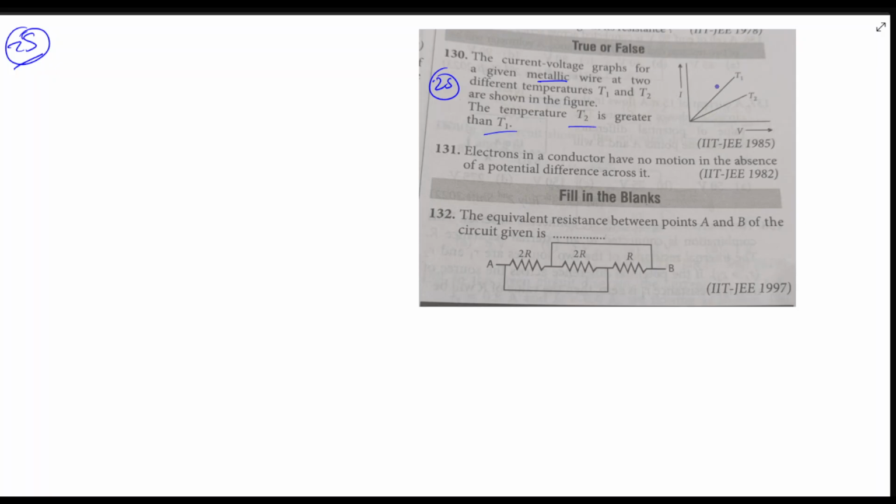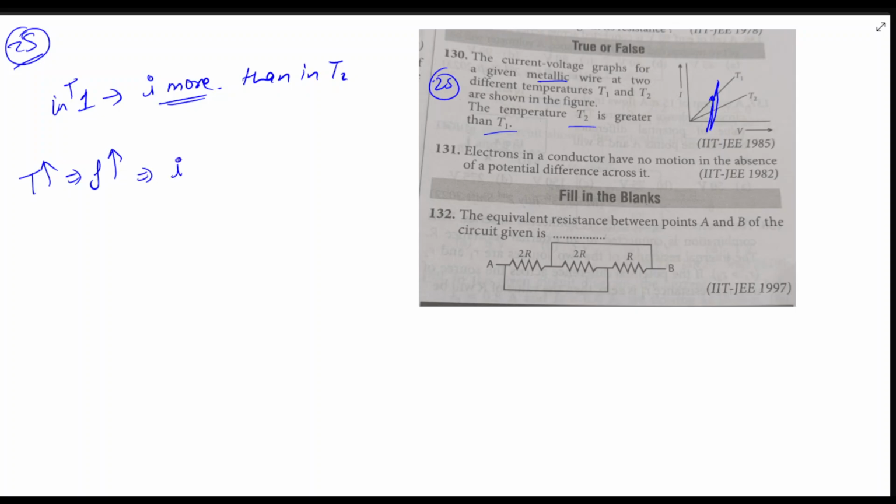So let's take a particular voltage. Now we can see in T1, the current is more than in T2. Okay. So these are metallic wires, and we know if you raise the temperature, the resistivity will also increase.